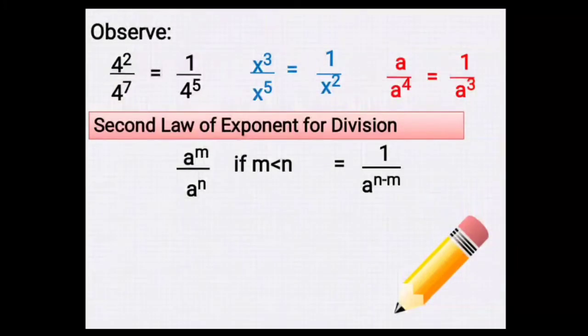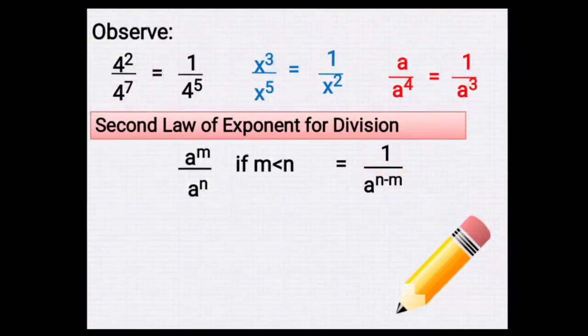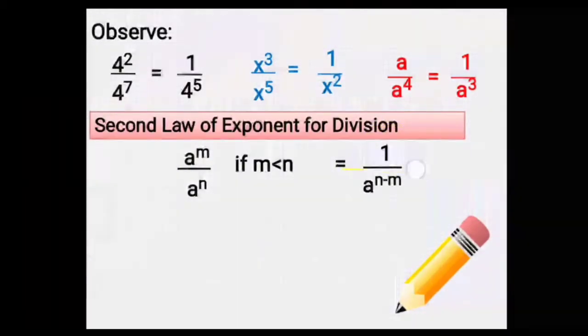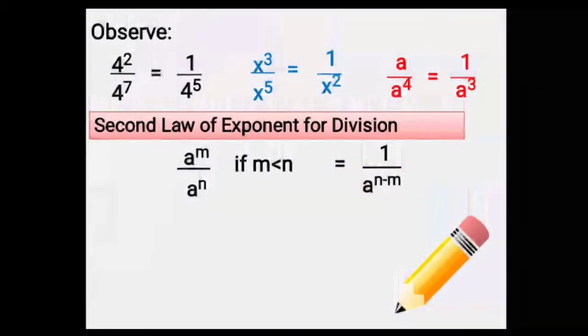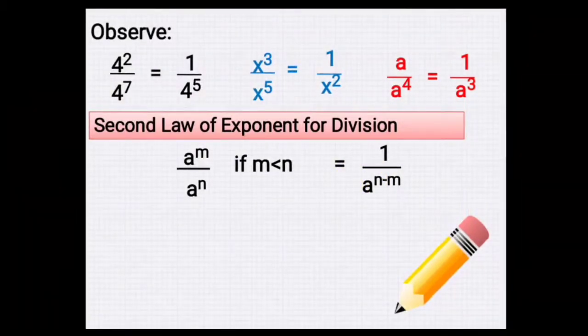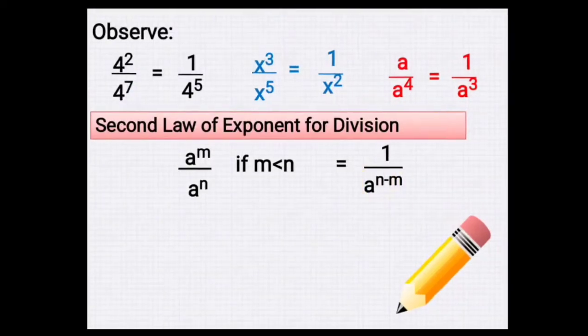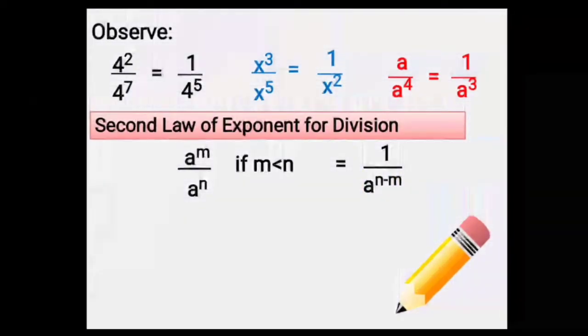As you can see, our answer for the second law is in fraction form, wherein the numerator is 1. So in this case, we have 1 over, copy the base. Then, what are you going to do to their exponents? Copy n minus m, since n is greater than m.